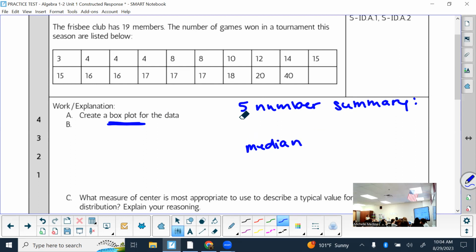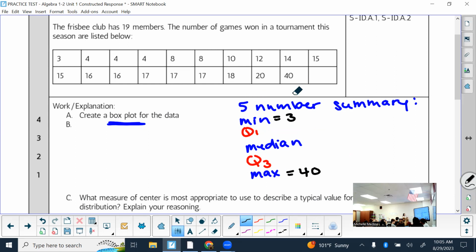Okay, so median, minimum, maximum, and there's not 4 quartiles, but the other quartiles, which are our Q1 and Q3. All right, so yeah, that's my 5-number summary. Minimum, maximum. So what is my smallest number in the data set? Okay, good. That would be my minimum. What is my biggest number in the data set?